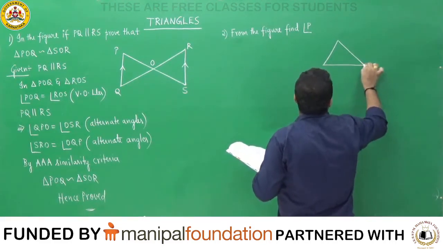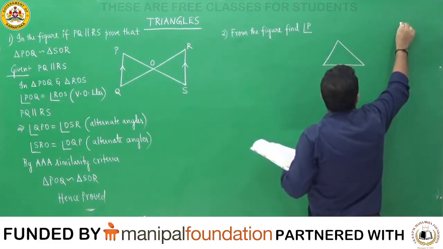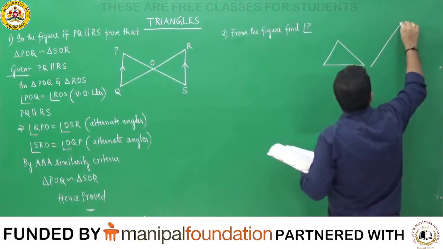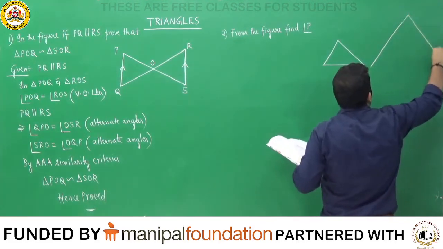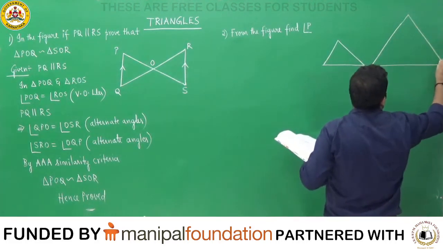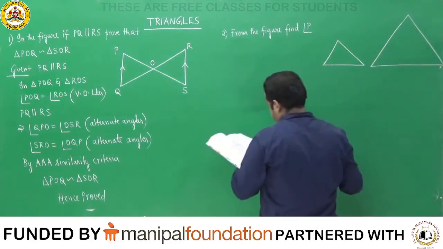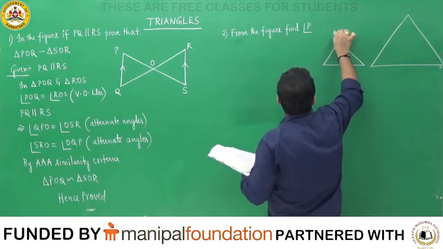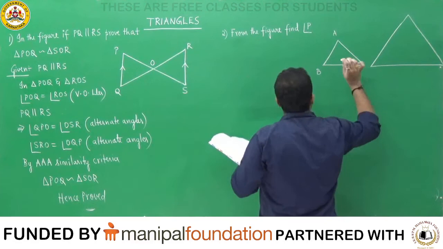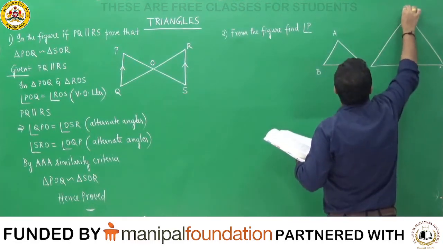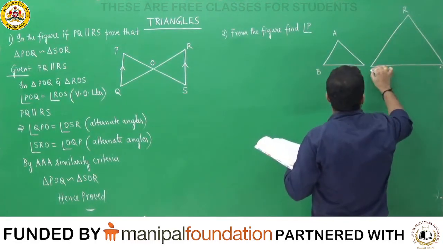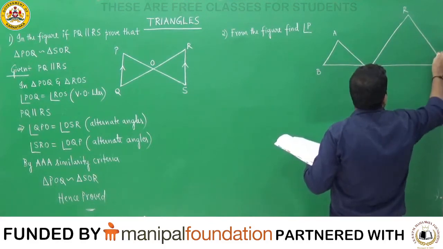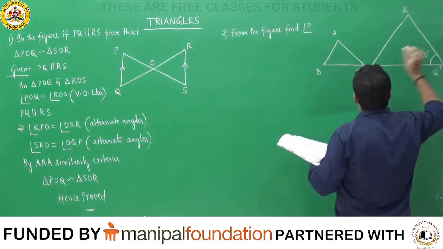This is ABC, and this is given in the problem like this. Is it okay? This is given R, and this is P, and this is Q. This angle is given in the problem as 60 degree.